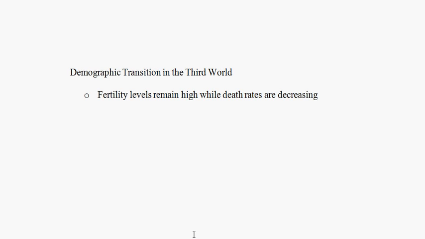In the rest of the world, however, Africa and Latin America, fertility levels, birth rates remain high, while at the same time, death rates are by and large decreasing. Historically, the root cause for the Third World's condition can be laid squarely on Europe or colonial shoulders. European powers took raw materials out of their colonies and invested little in them.